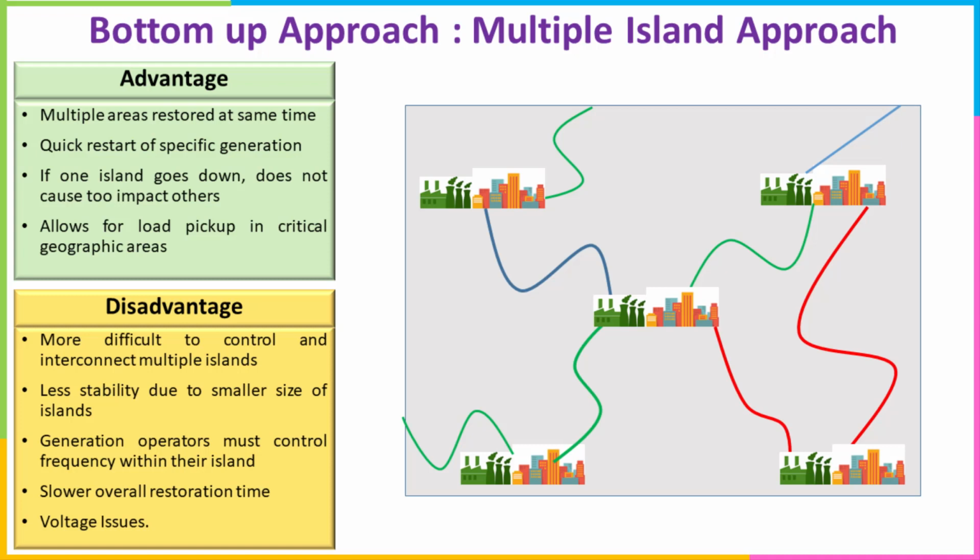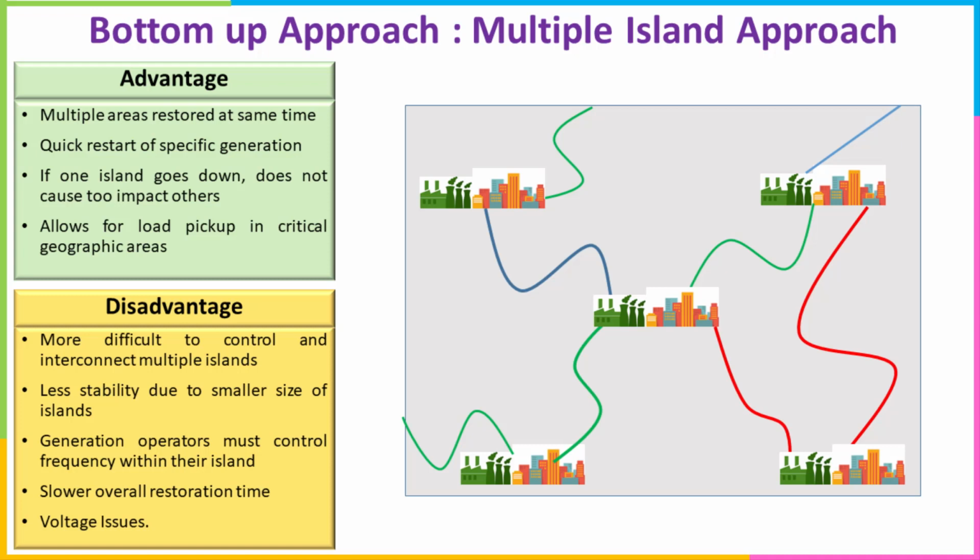Then if you are creating a smaller island, there will be less stability due to the small size, because inertia will be less, so frequency deviation for a smaller change of load in that island will be significantly high. All the generator operators have to look into how they are able to control the frequency.